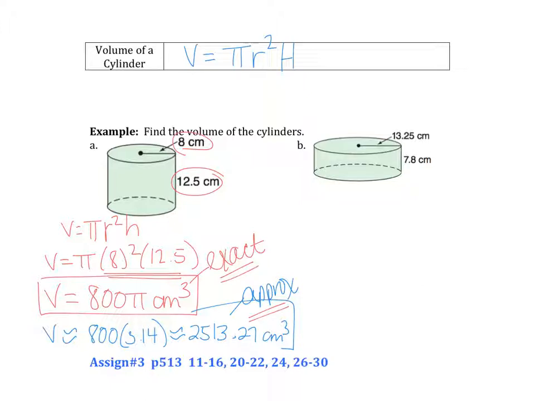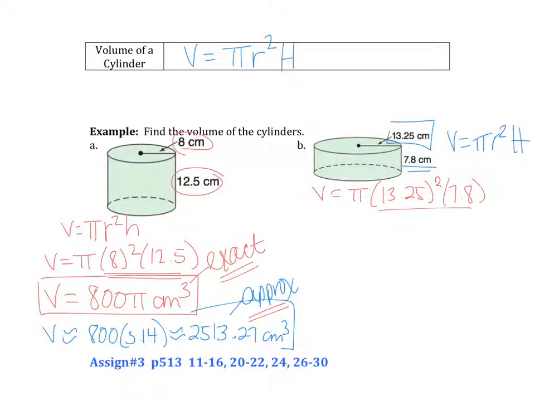Last example here, I've got our volume again, so volume equals pi r squared h. It looks like I've got my height, looks like I've got my radius. I'll go ahead and plug that in. So I'll use red again for exact. So volume equals pi times 13.25, that's my radius, squared, times 7.8. Multiplying that 13.25 squared times 7.8, I get 1369.39 pi centimeters cubed.